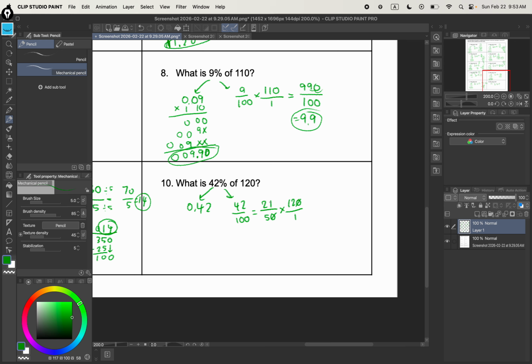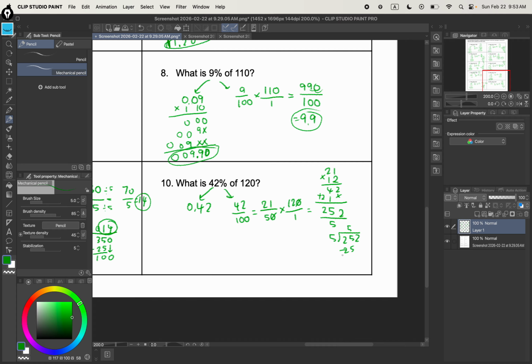I can't simplify this way, I can't simplify this way. So instead, I can just do 21 times 12, 252 over 5, and then I have to divide.